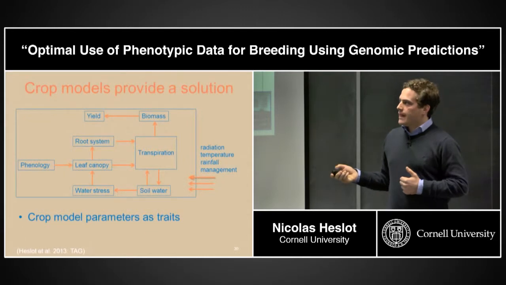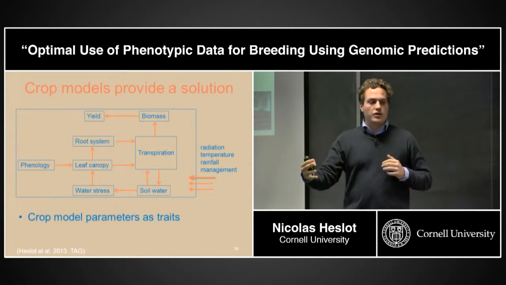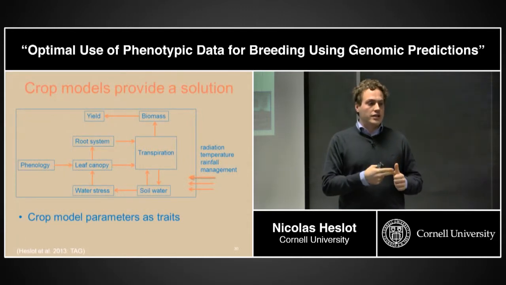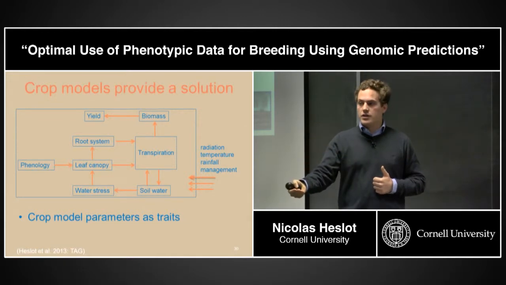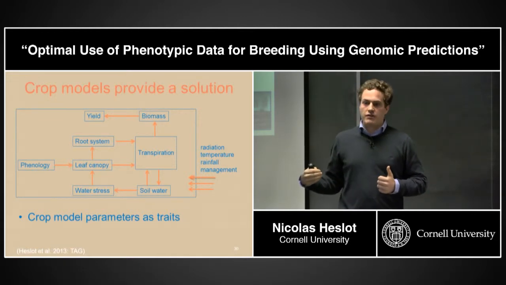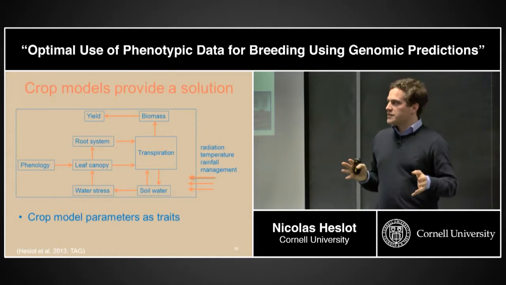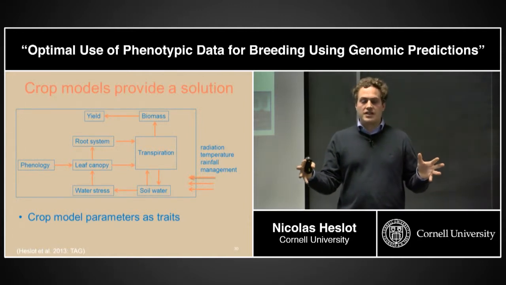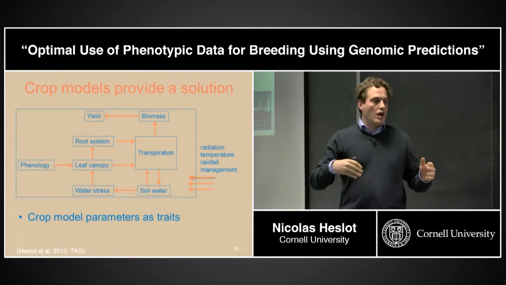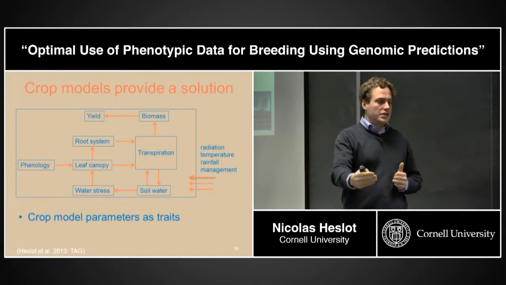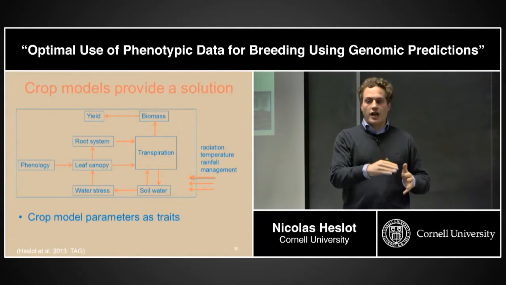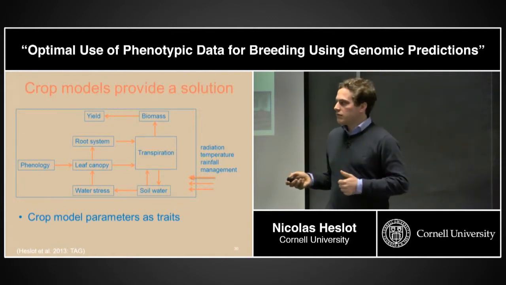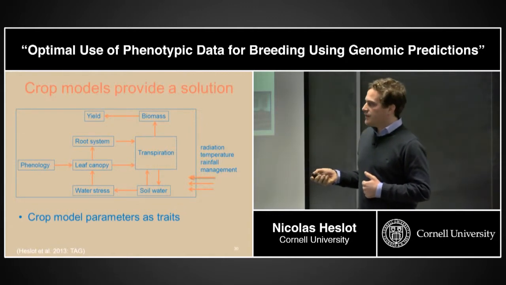At the same time, agronomists have developed a number of tools to deal with that problem of high dimensionality, integration of daily weather input, and the problem of nonlinearity of response. Those models are called crop models. A crop model is just a set of complex equations modeling how the plant is going to respond to the environment and how the plant or the canopy is going to develop, and they are simply presented in this figure.